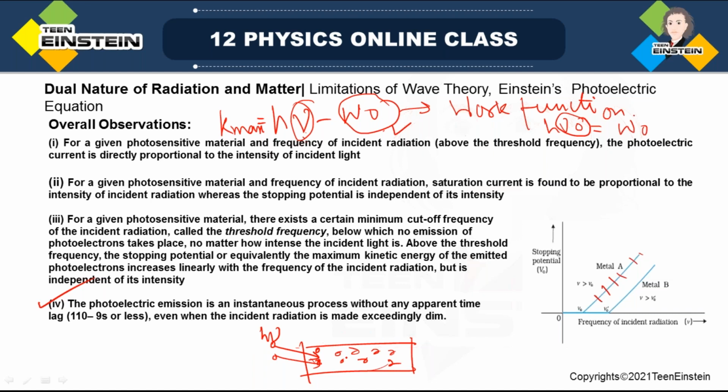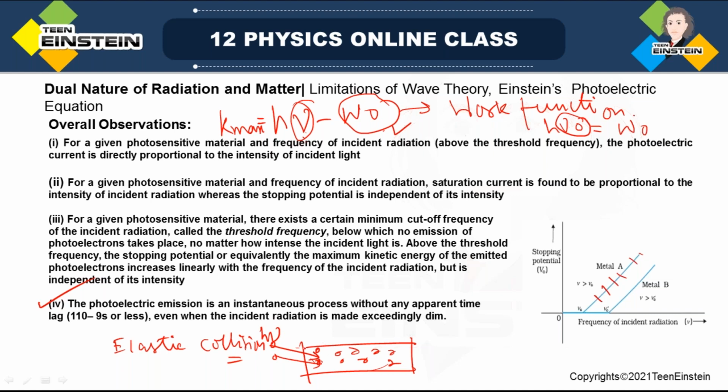When they interact with the electrons of the metal surface, there is an elastic collision with a single electron at a time, and the transfer of energy is a single short process.